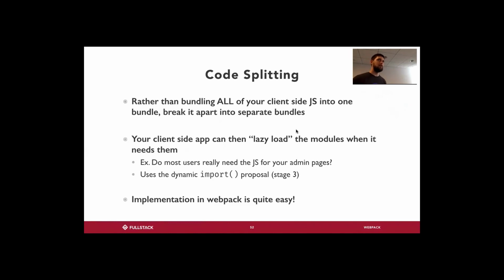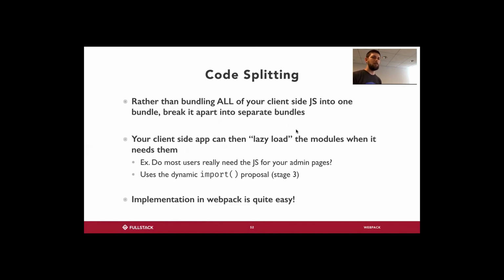So instead what we'll do is take the JavaScript for those pages, for those components, and put them in a separate JavaScript bundle. Then when somebody clicks on a link to go to that page, we'll use the dynamic import, which is currently a stage 3 proposal in the ECMAScript world. So it's on its way. It's more than likely going to be part of the official spec.